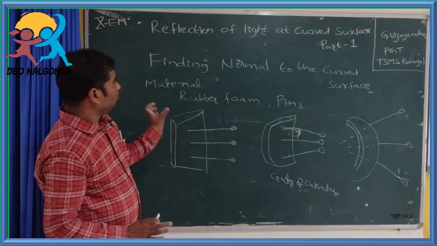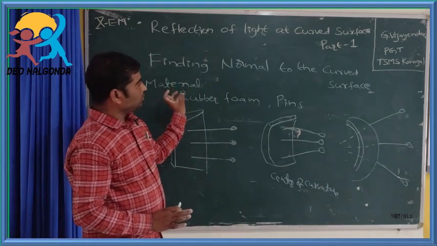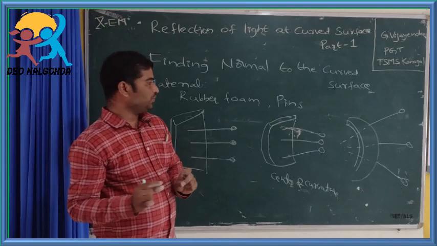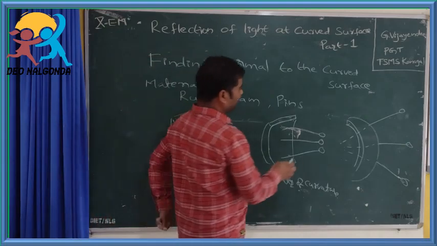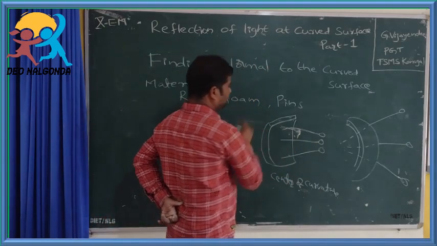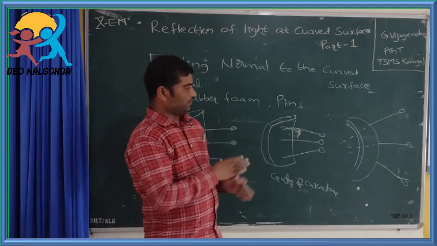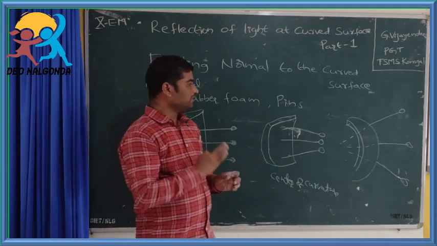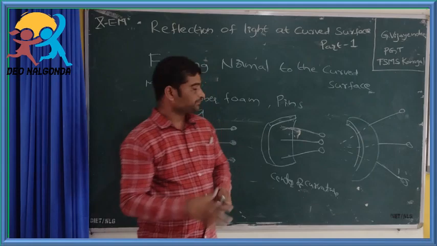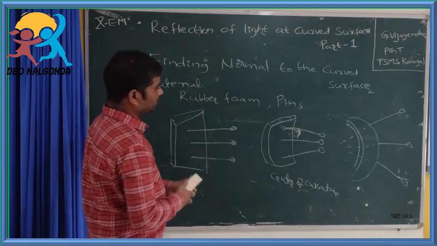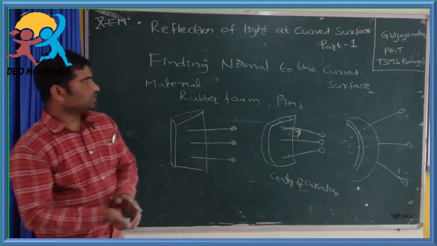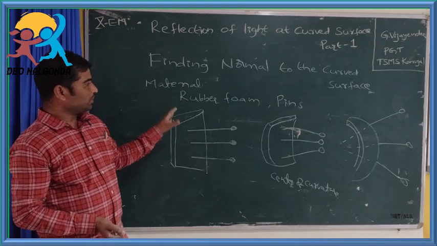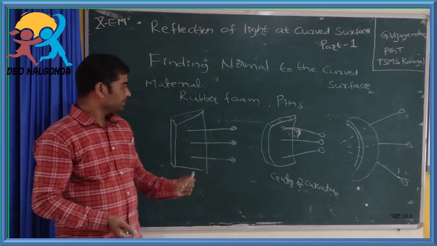To draw the normal to the curved surface, we simply draw a line from the center of curvature to any point on the curved surface, and that gives the normal at that point. To find the normal to the curved surface, the material required is rubber foam and pins.